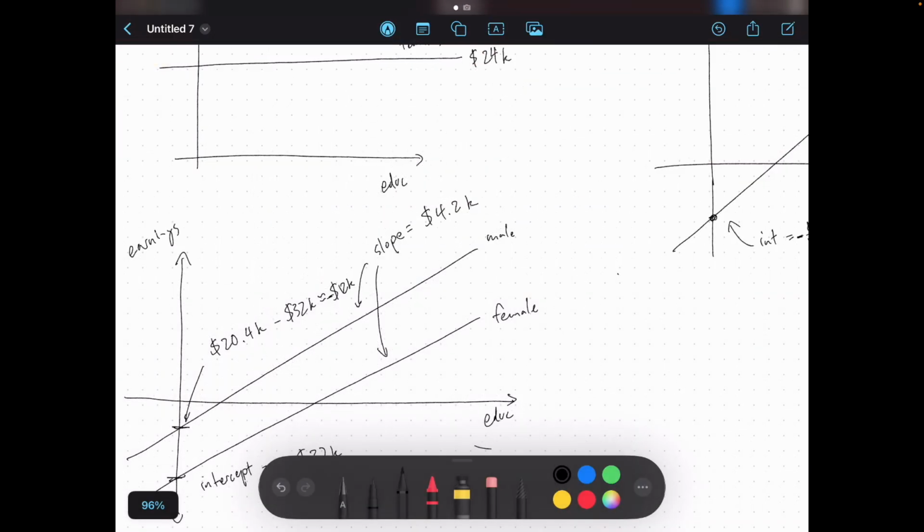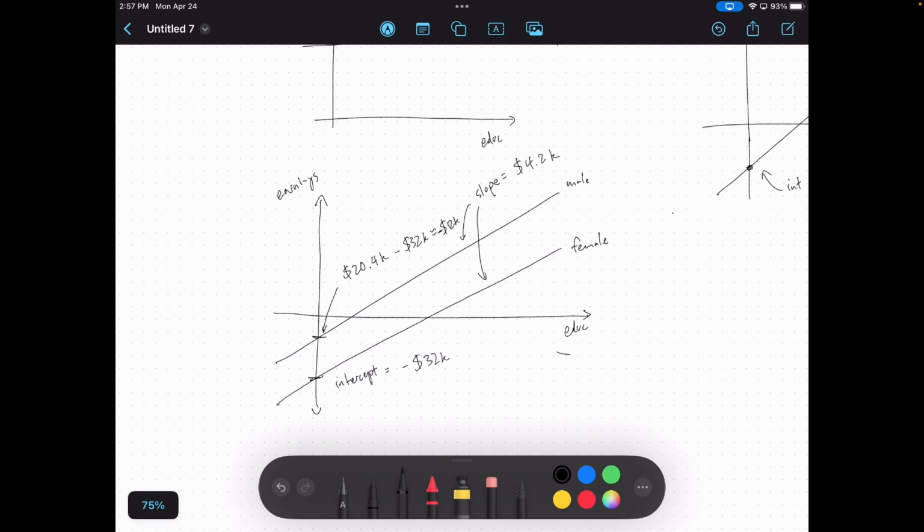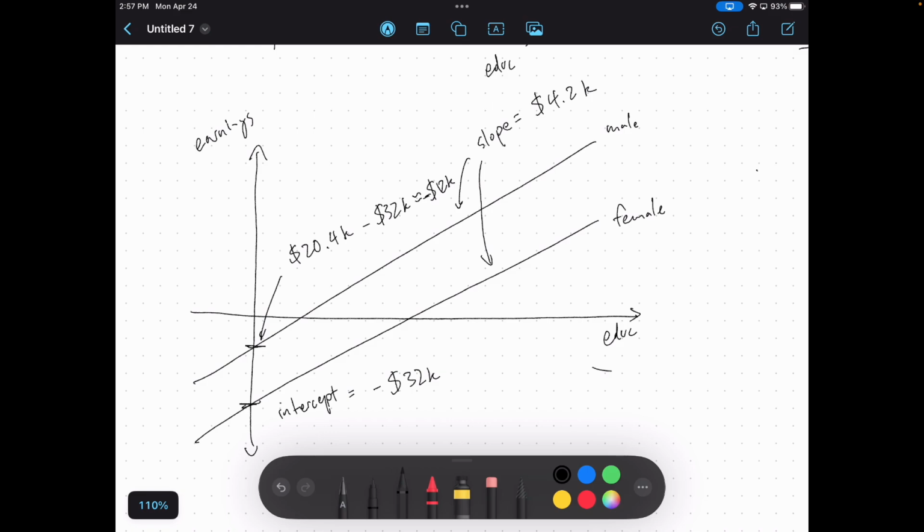In other words, do I actually think that there is a difference in the slopes between these two lines? And we can investigate that.